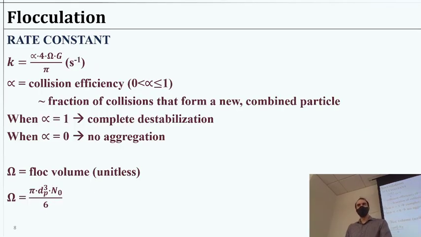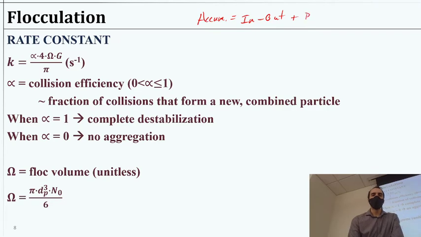Okay, so let's talk a little bit about the rate constant K. Remember, if we have some mass balance, we have accumulation, and it's going to be equal to the in minus out plus whatever reaction is happening. If we do this in a batch container, like my water bottle, then there are no inputs or outputs.